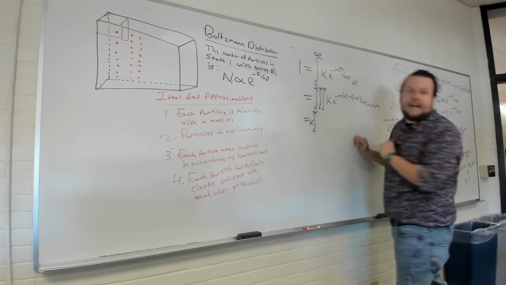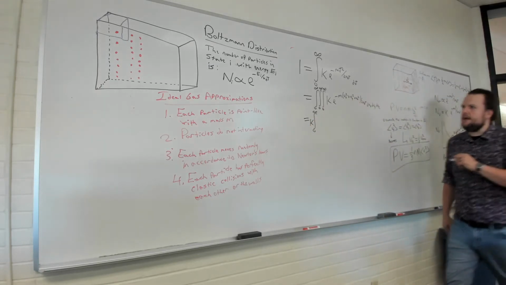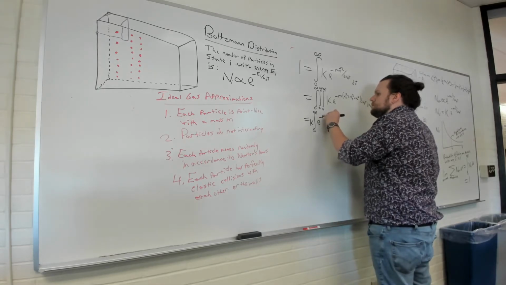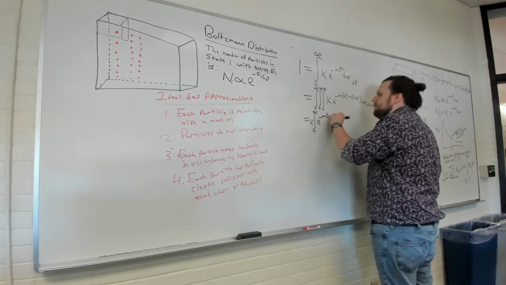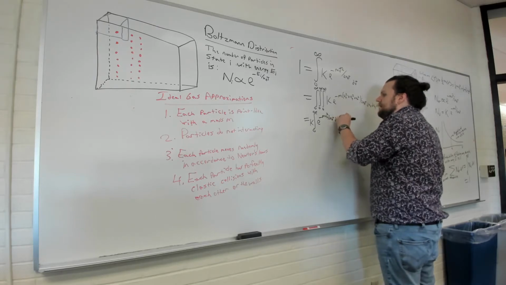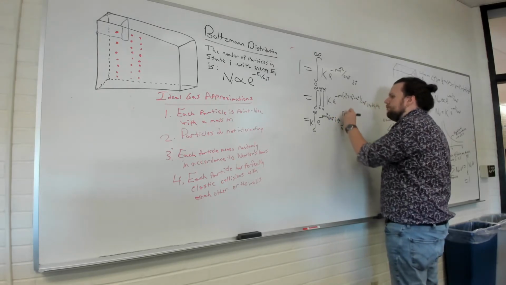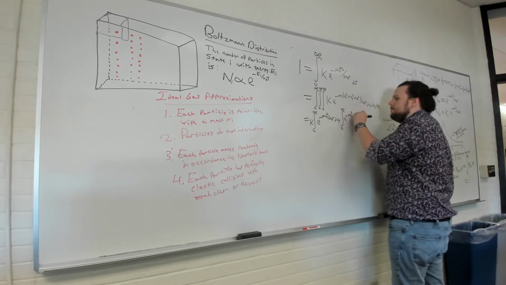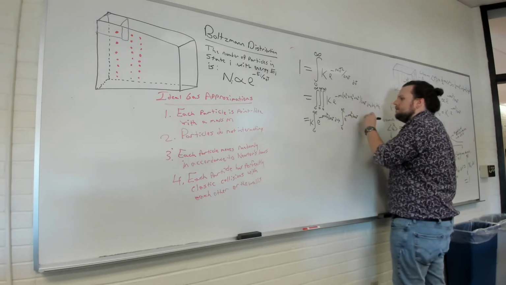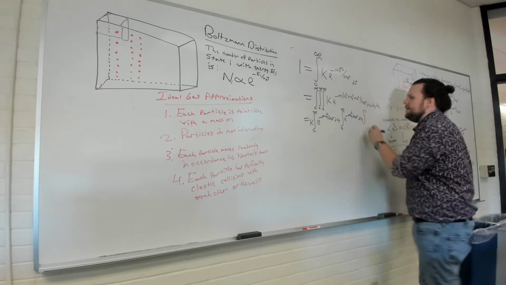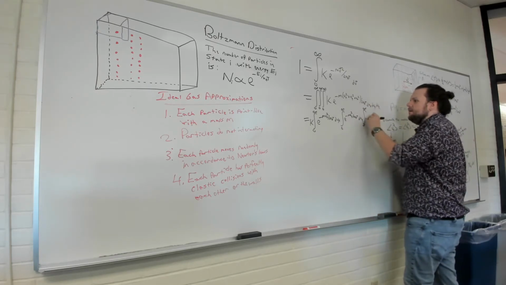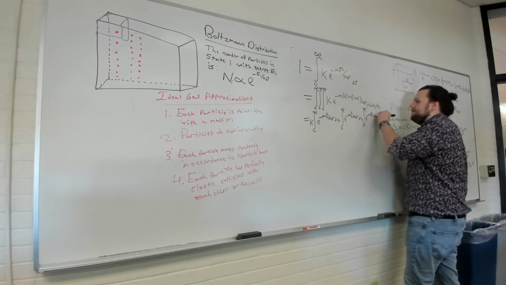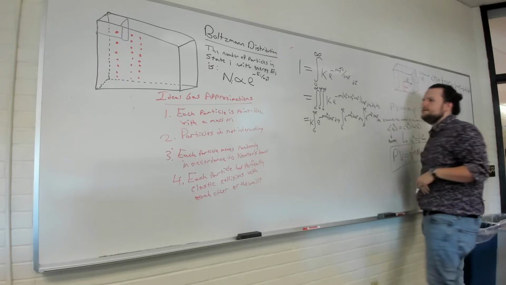Let me bring the k out so we don't have to worry about it right now. e to the minus mvx squared over 2kT dvx times the integral from 0 to infinity for the y component dvy times the integral from 0 to infinity of e to the minus mvz squared over 2kT dvz.